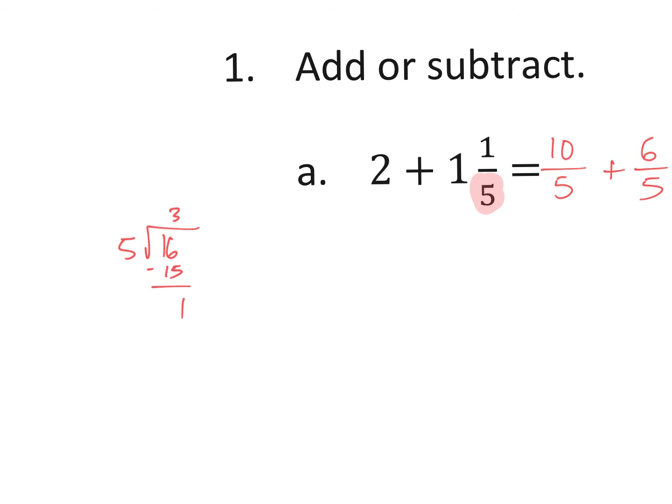That gives me 1. 1 what? Remember, we're in 5th grade now. We're not going to be doing those remainders anymore. I don't have any more numbers to bring down, and 5 doesn't fit into 1. So it's 3 and 1 fifth. I got the 1 from my remainder, and I got the 5 from what I'm dividing by. So my final answer is going to be 3 and 1 fifth.